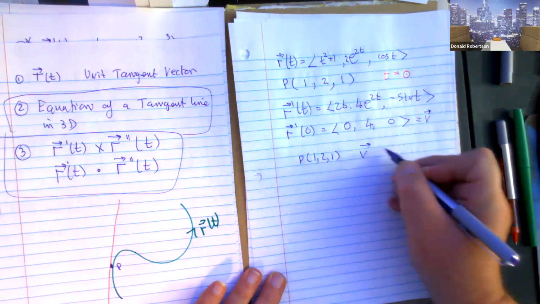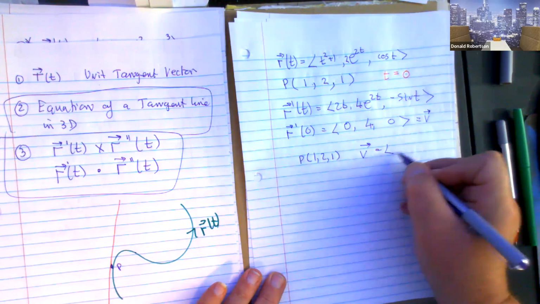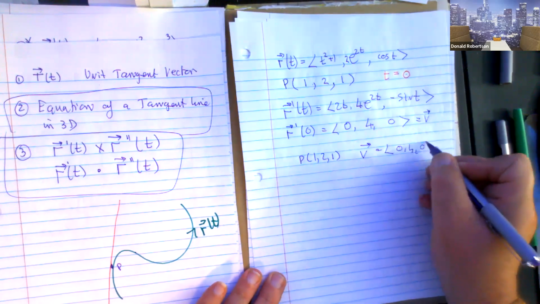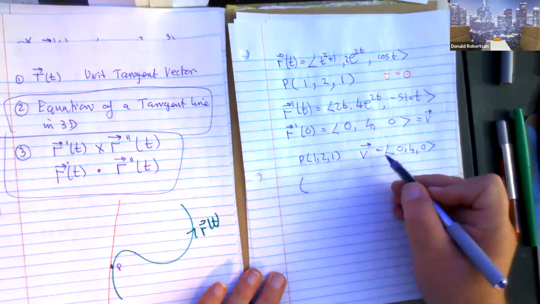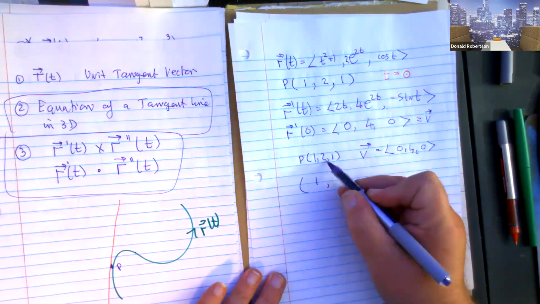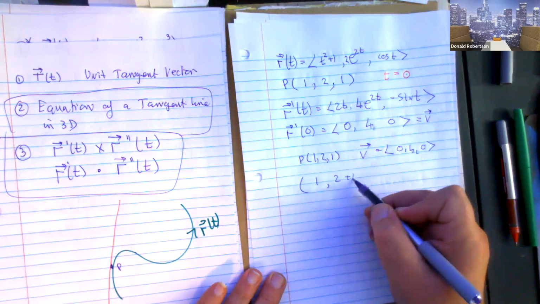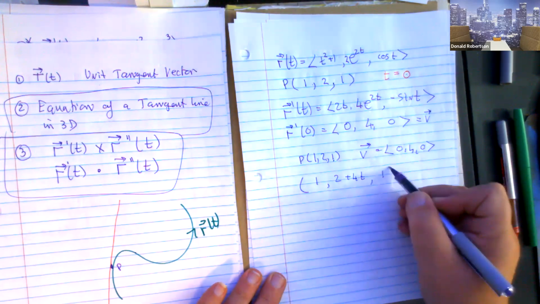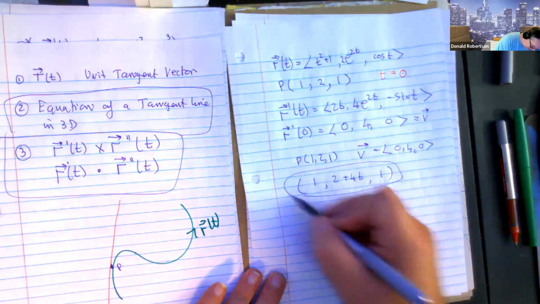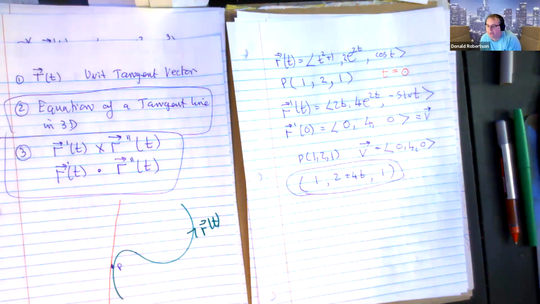And the direction vector is going to be 0, 4, 0. And if you want to get the equation, it's 1 plus 0t, 2 plus 4t, and 1 plus 0t. So there is the answer in parametric form. The equation of the tangent line.